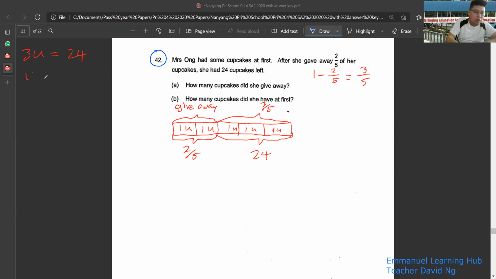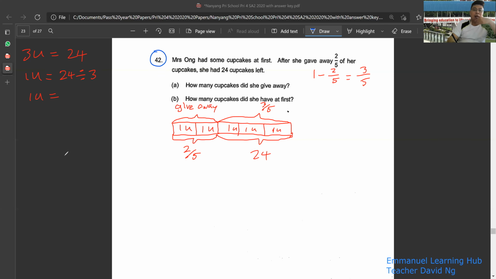So 1 unit is? What is 1 unit? 24 divided by 3. Which is equal to? 5. 24 divided by 3 is equal to?